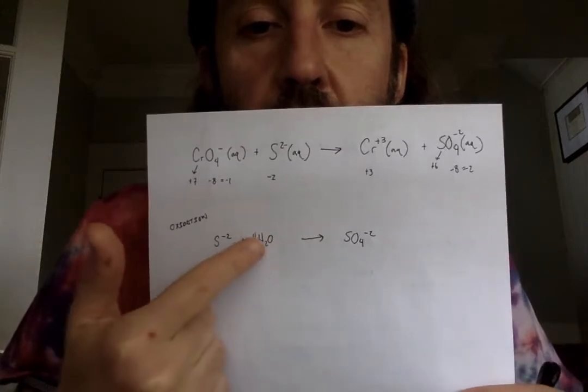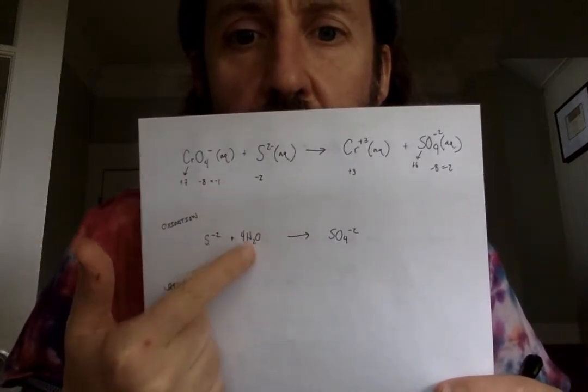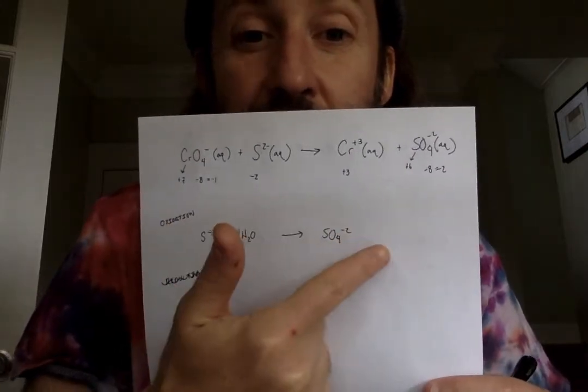Okay. So now my oxygen is balanced, but I've got all these hydrogen. So I got 8 hydrogen. Oh my gosh. Plus 8 H+.